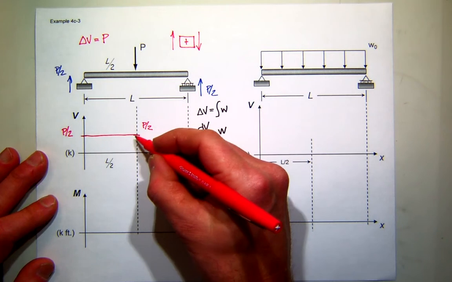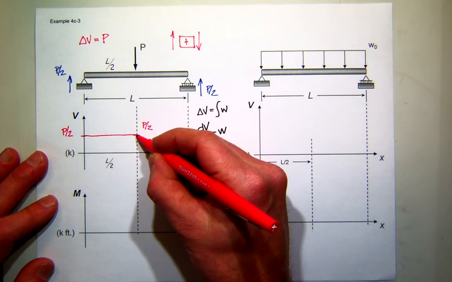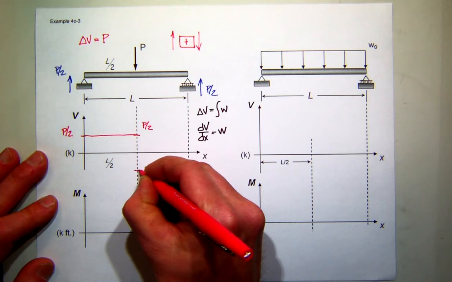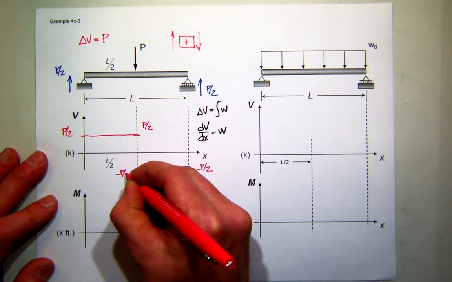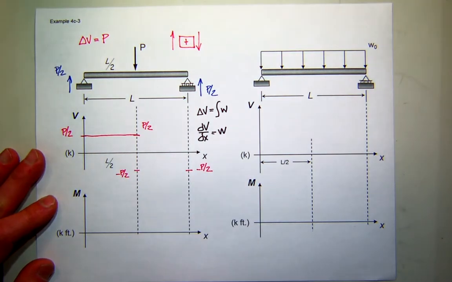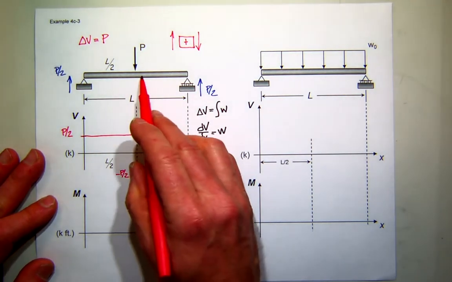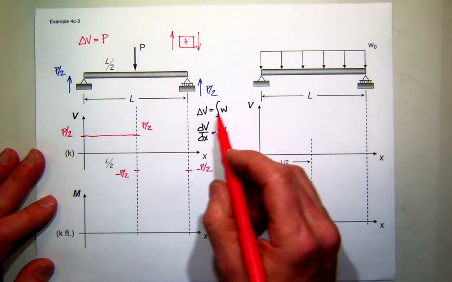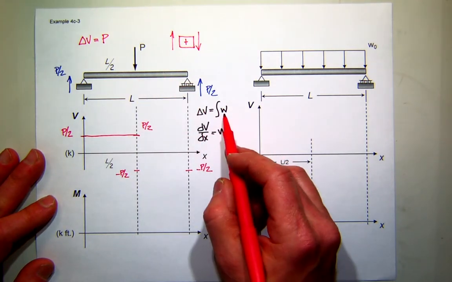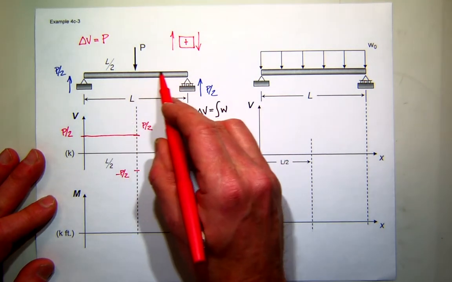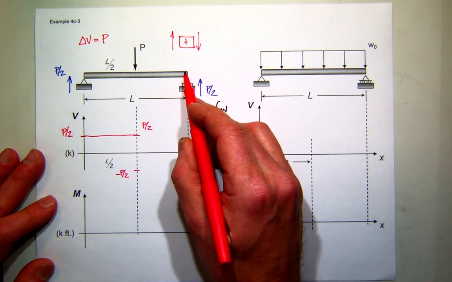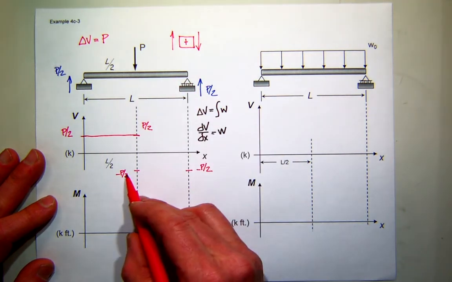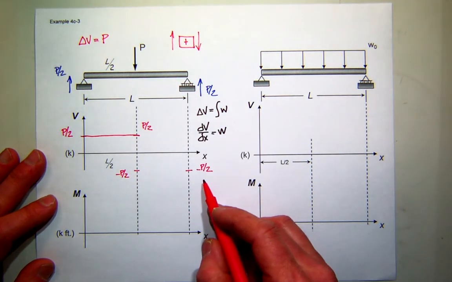So that means we'll hit this point and we'll subtract P. So P over 2 minus P gives us minus P over 2. And now we proceed to the next section. In this section, the change in shear is equal to the area in the load curve, and that is no change, 0. So negative P over 2, negative P over 2.